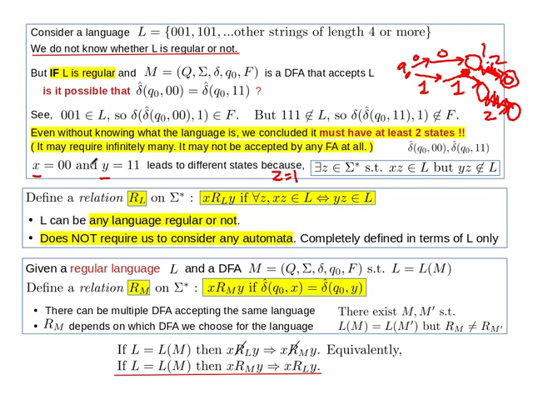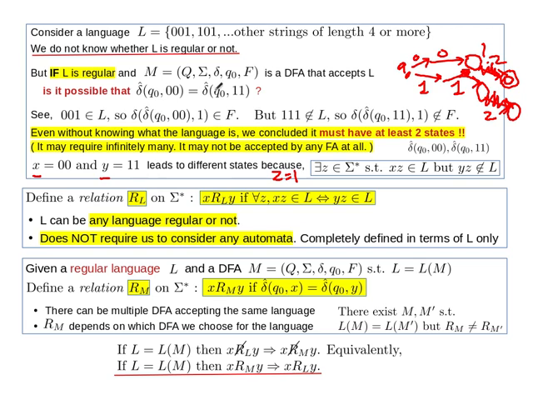They are equivalent if this happens. Before, there existed some z such that this happens and this doesn't. Now we take the opposite: no matter what z you take, xz is in L if and only if yz is in L. So either you have both in L, or both not in L. You do not have one in L and the other not in L. For all z this happens. So this is the relation we define, motivated by what we did here.